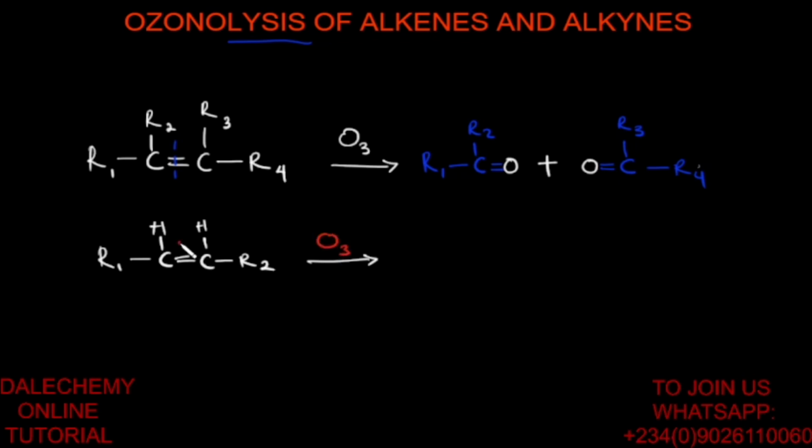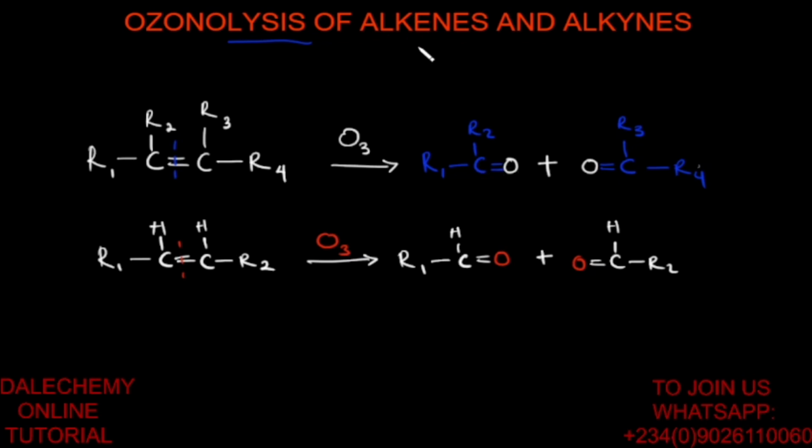It is going to break this double bond, and if it breaks that, we're going to have the two fragments as well. Now the next thing is to add oxygen to that double bond. So you add oxygen, and that's going to be your product.